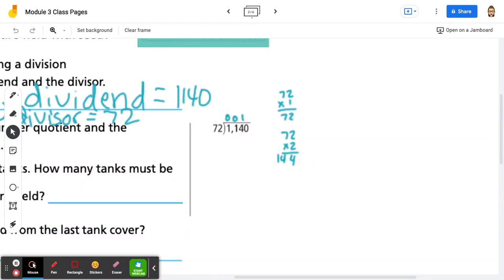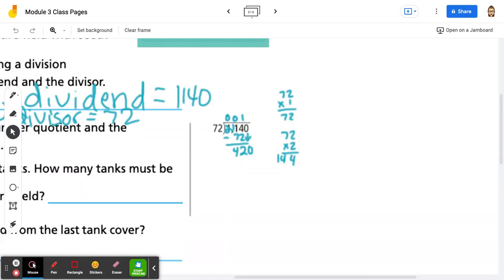1 times 72 is 72. We subtract. 4 minus 2 is 2. 1 minus 7 we can't do, so we borrow. 11 minus 7 is 4. And then we bring down our 0. So we know it's going to go in at least 2 times.